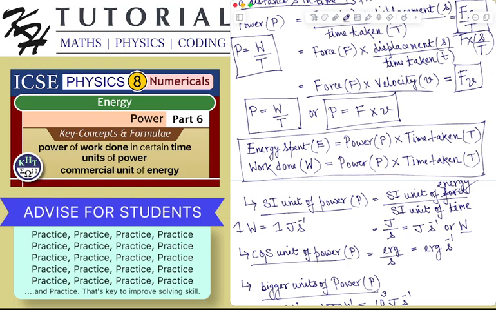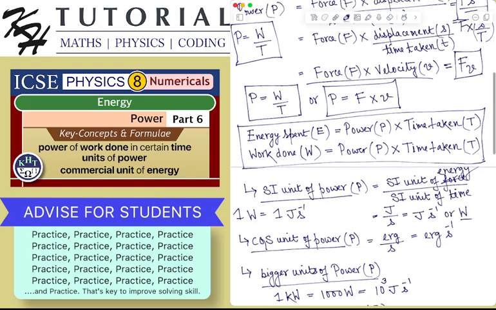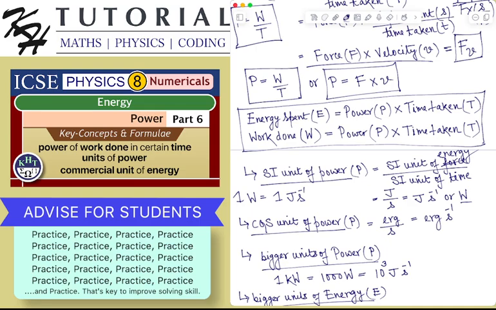Now you can also think of the CGS unit of power. Even though the CGS unit of power is not really described in the book, what can it be? It will be the CGS unit of energy divided by seconds. The CGS unit of energy is erg. 1 erg is equal to 1 dyne centimeter, force times displacement.